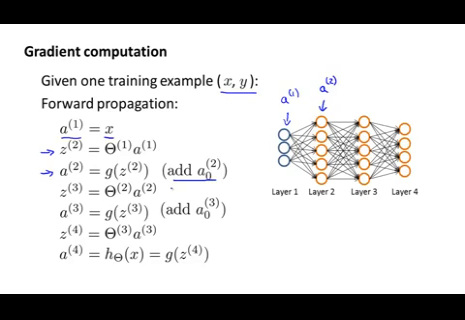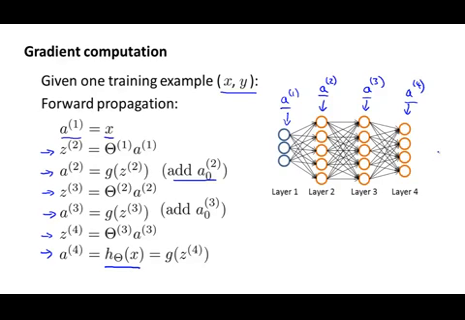And we also add those bias terms. Next, we apply two more steps of this forward propagation to compute a3 and a4, which is also the output of our hypothesis h of x. So this is our vectorized implementation of forward propagation, and it allows us to compute the activation values for all of the neurons in our neural network.